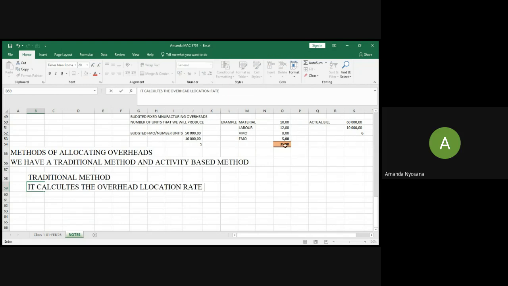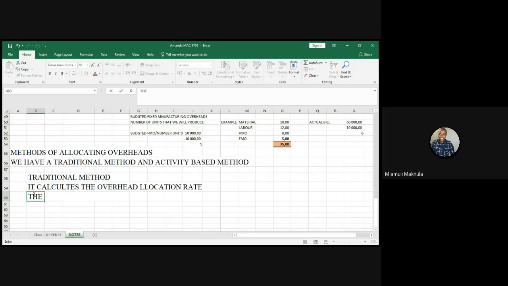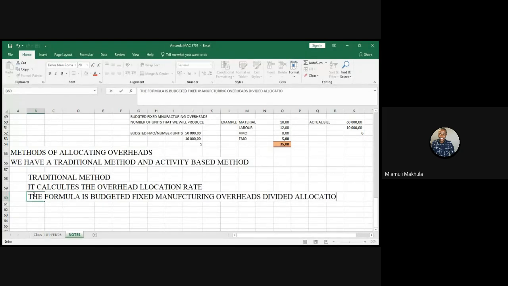So the formula is budgeted fixed manufacturing overheads divided by allocation basis.